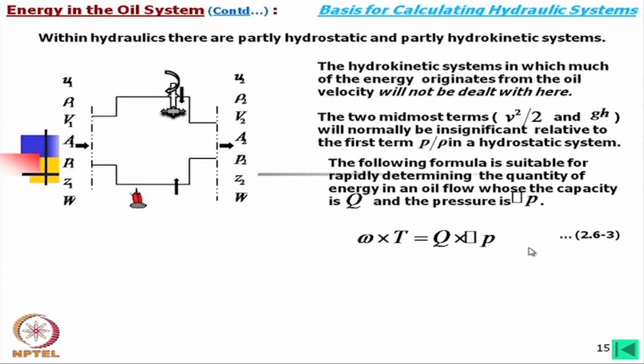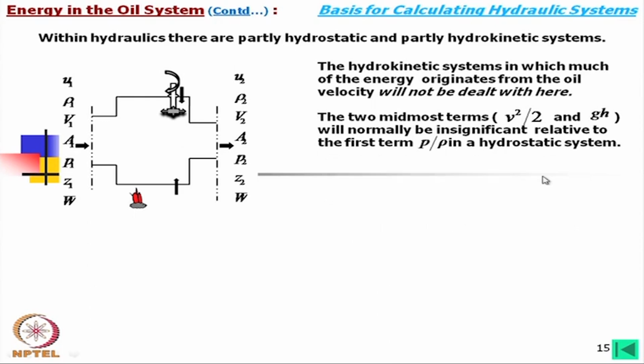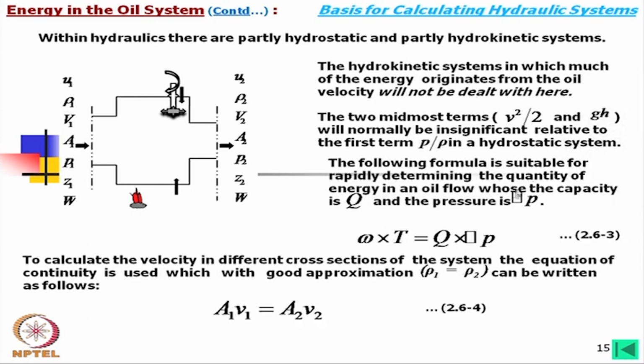Now, the following formula is suitable for rapidly determining the quantity of energy in oil flow, whose capacity is Q and pressure is P. I think there is a mismatch here, this is delta P, the differential pressure.